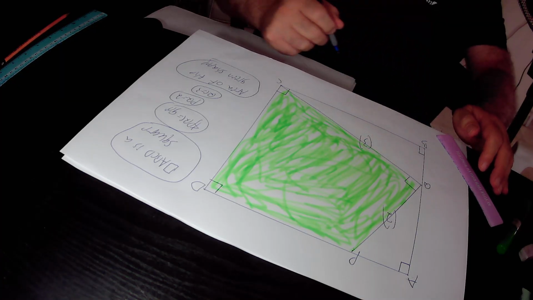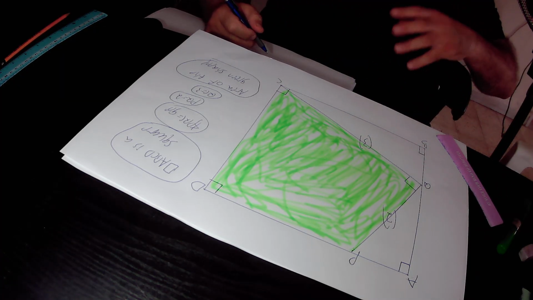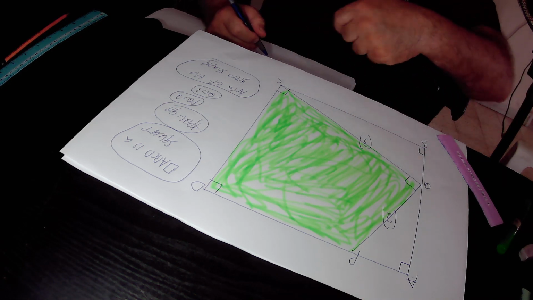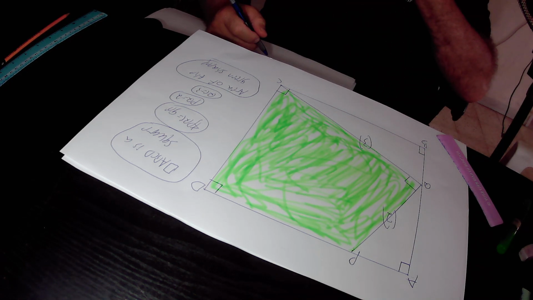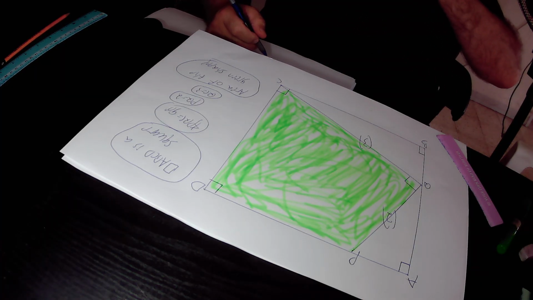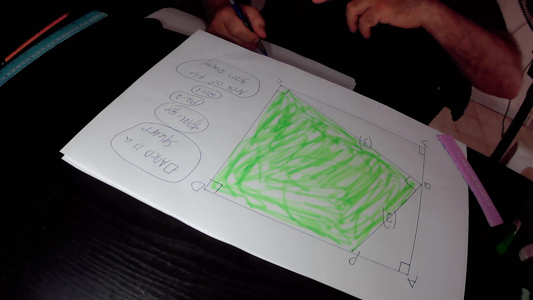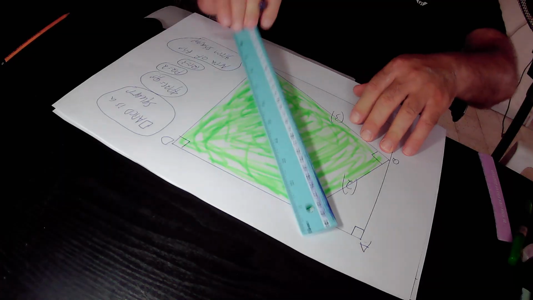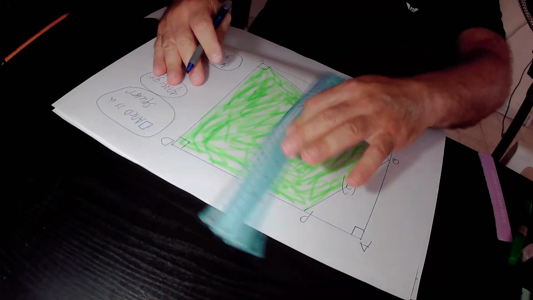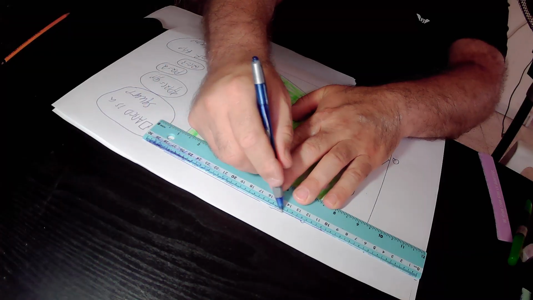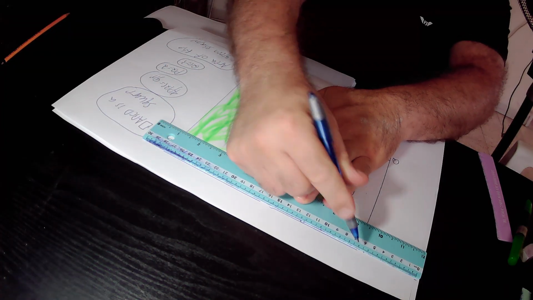In addition, we know that all the sides of any square are equal to each other. So we'll define the length of one side of this square ABCD as A. So the other sides must also be equal to A. AD equals A units in its length according to our definition.